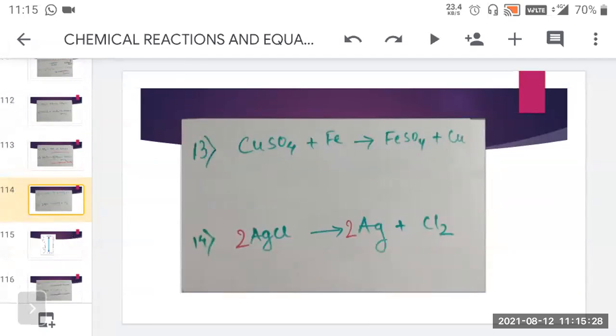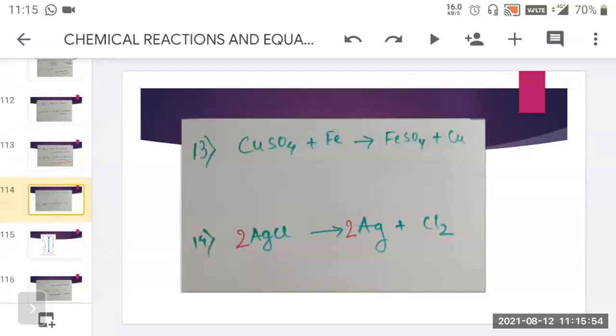CuSO4 plus Fe gives you FeSO4 and Cu. Okay, so now in this, again one by one. Is this a combination reaction? No, because in combination, two reactants and one product will be there. So here two reactants are there and two products are there. So it is not a combination reaction. Then comes the decomposition, where one reactant and two or more products are there.